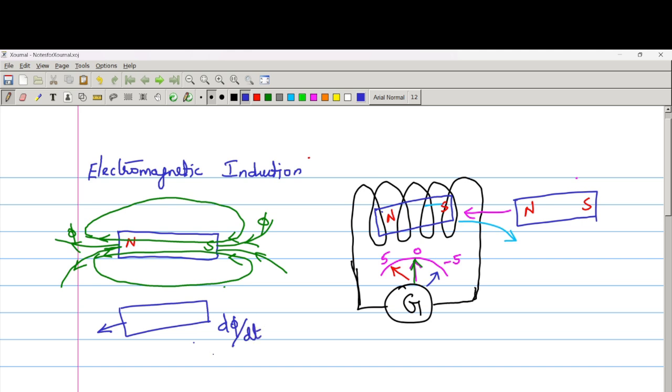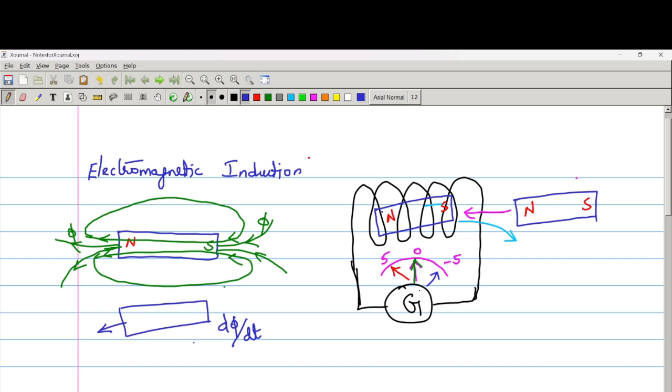Due to the rate of change of flux, there is an induced EMF and a current flows in this winding, so the galvanometer shows deflection. If we move this magnet very fast, the rate of change of flux with respect to time is very fast, therefore the deflection will be more.